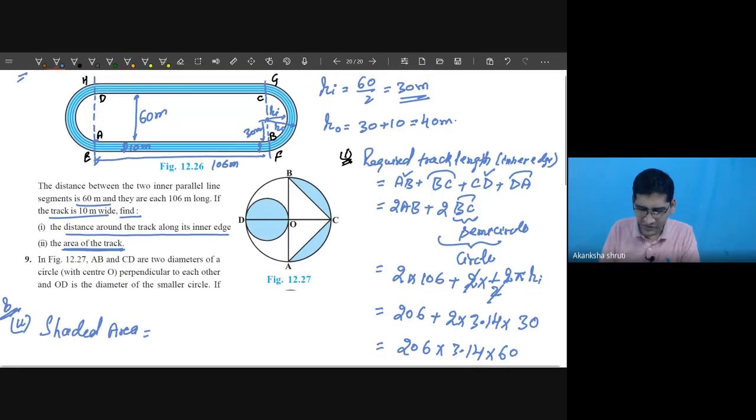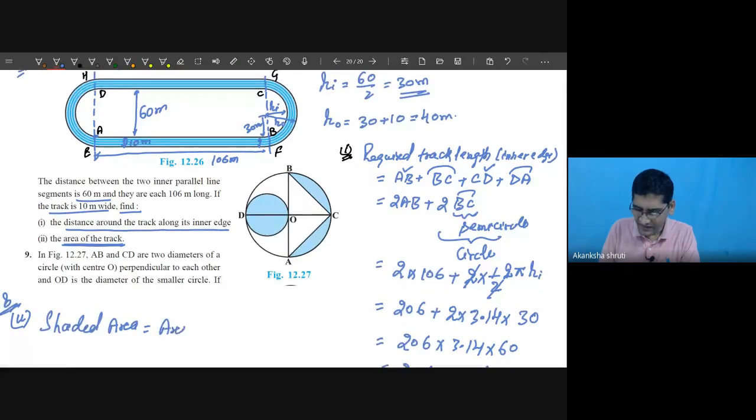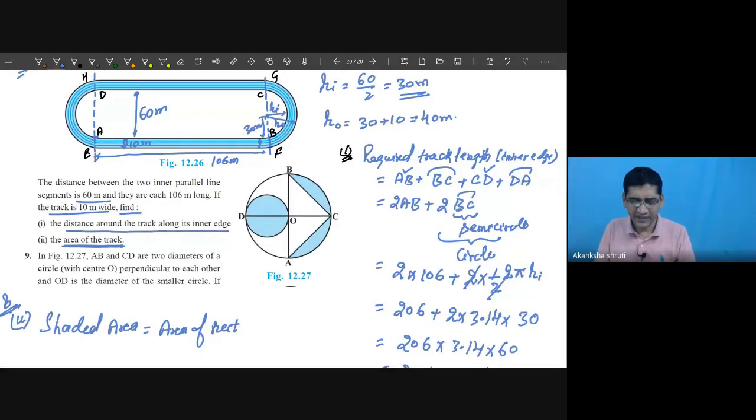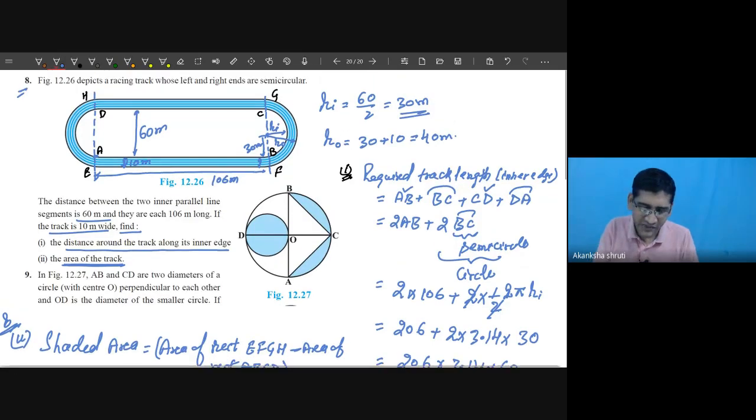Shaded area is equal to area of rectangle. Which one? The bigger one. So you may start with EFGH, minus the area of rectangle, the inner one, ABCD. It is just for this part.